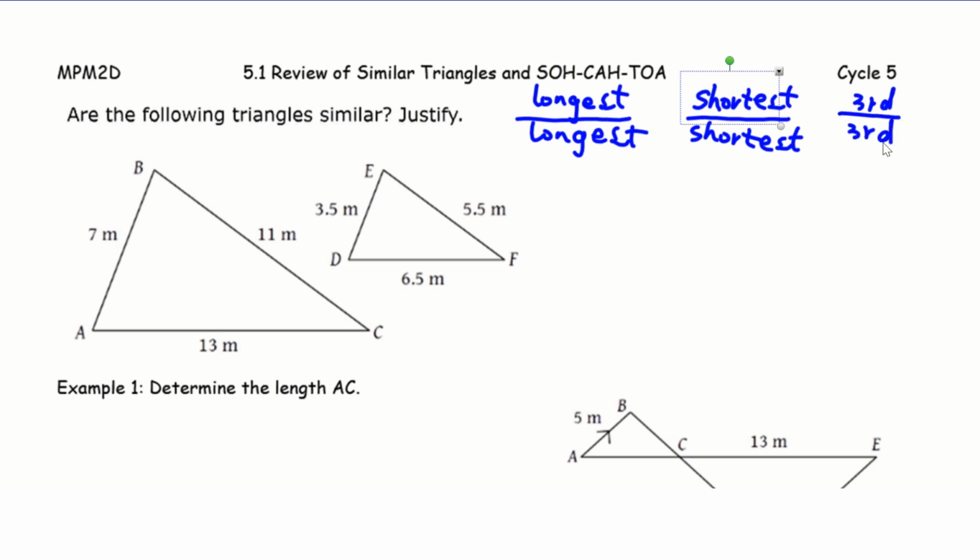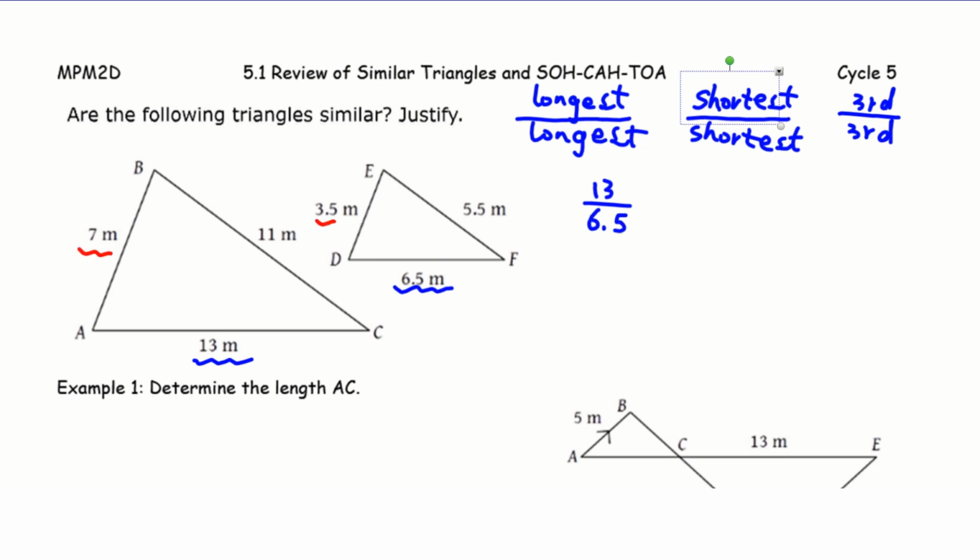Okay, so we are going to see the longer side. This one is 13, and the other longer side is 6.5, and the shortest side is 7.